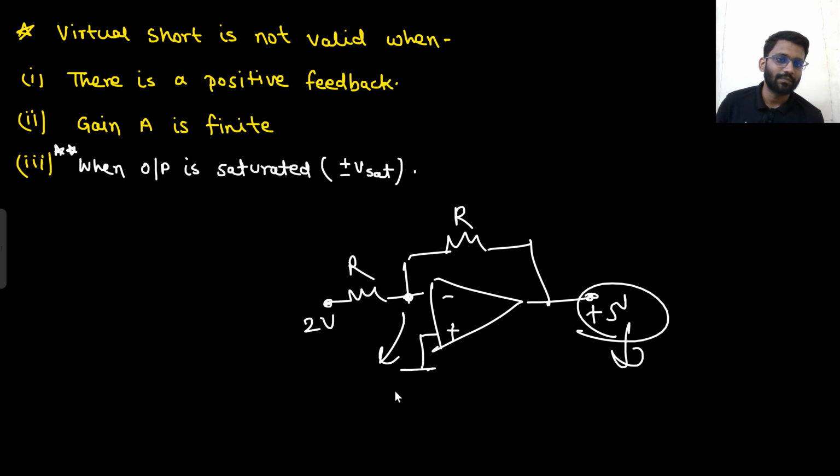Say yes or no. If my output is fixed, no one can change this output. This is my input, no one can change this input as well. So if your output is fixed, that means this node has to be fixed as well, no? Why so? Because let's call the potential of this node V, and in the OpAmp there is always 0 ampere current. I told you for an ideal OpAmp there is 0 ampere current.